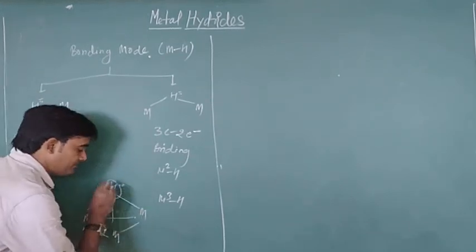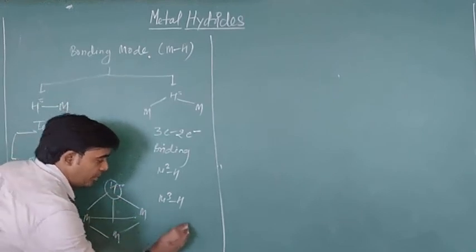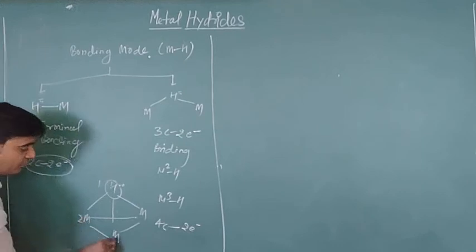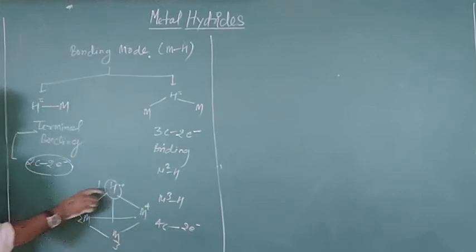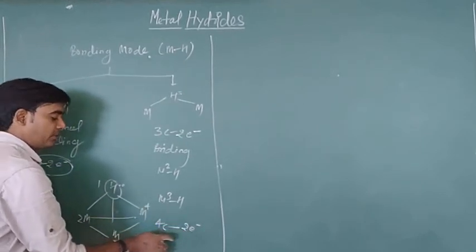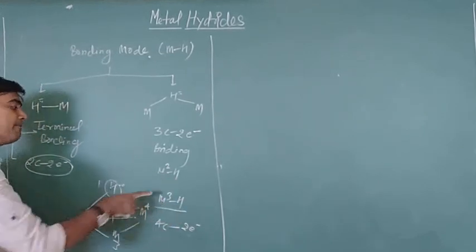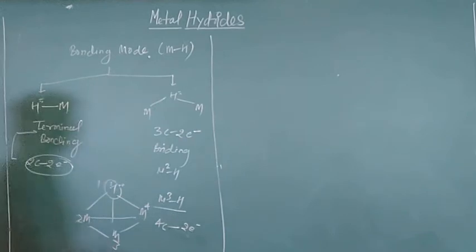So these 2 electrons are involved between 4 centers, 1, 2, 3 and 4. So this is 4 center, 2 electron bonding, represented by mu3-H bonding.